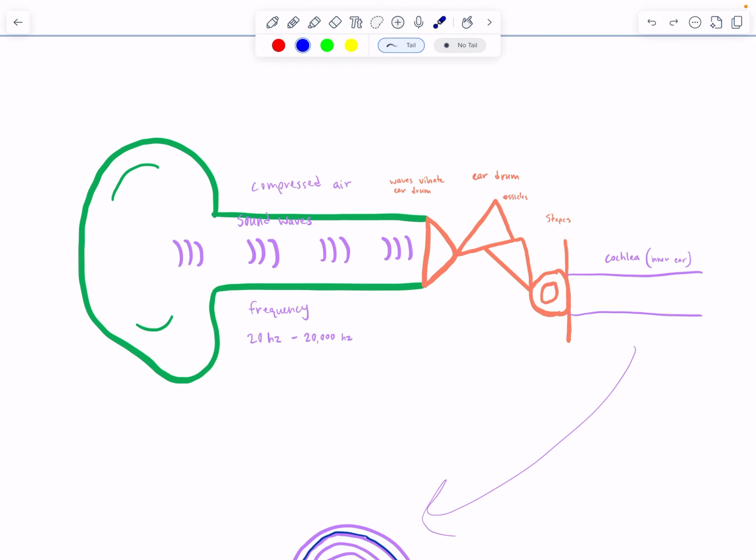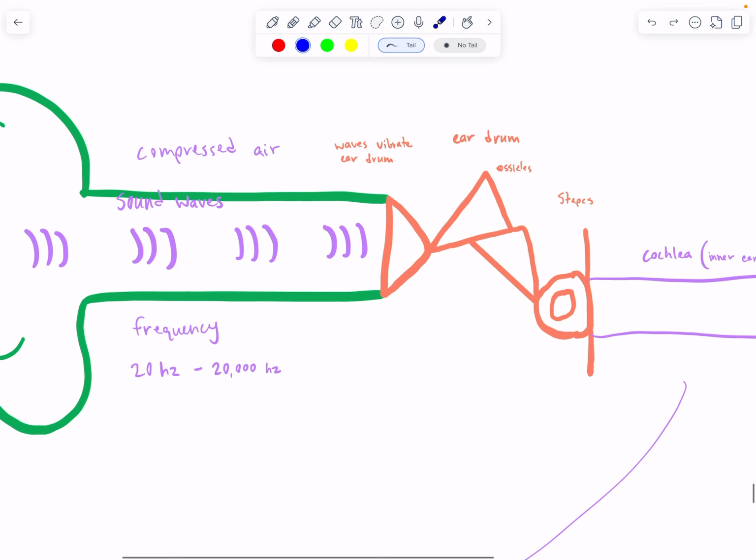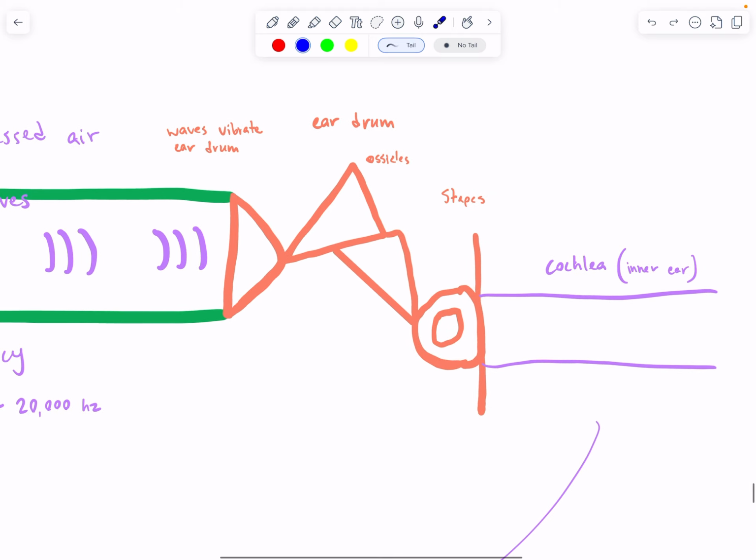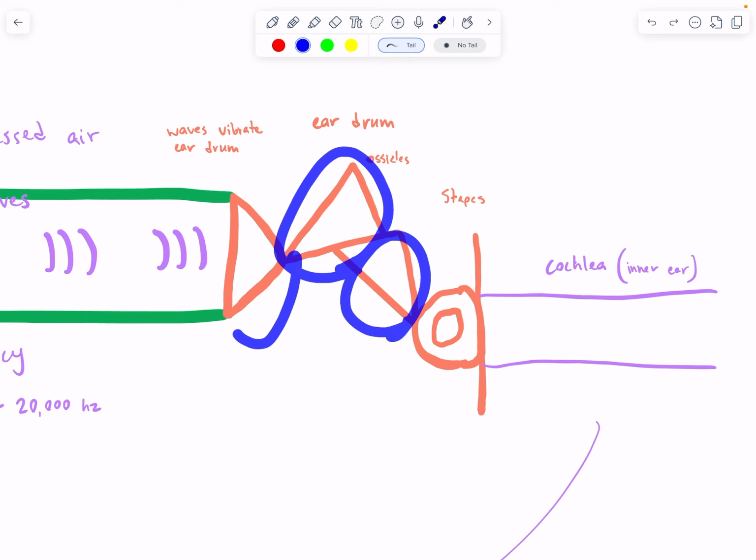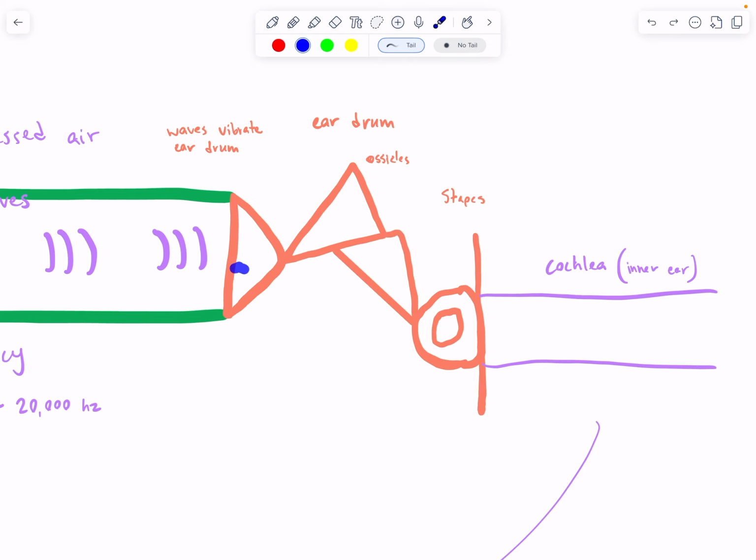Basically the sound waves move 3 bones called the malleus, the incus, and the stapes. These are ossicular bones.